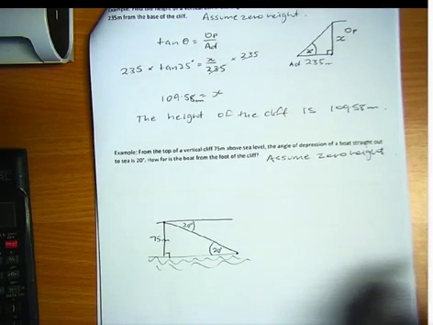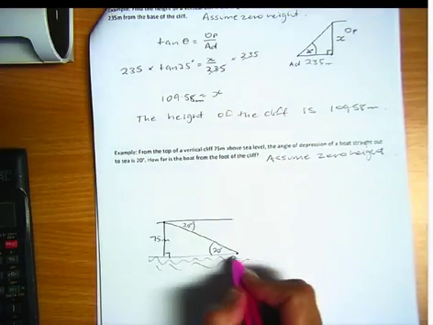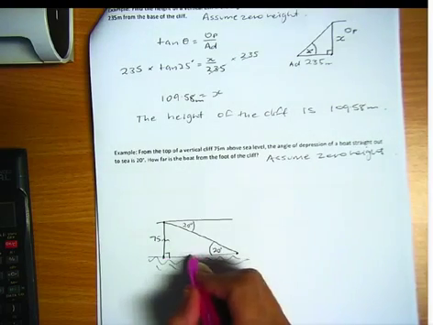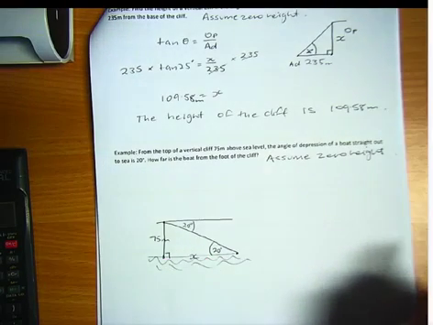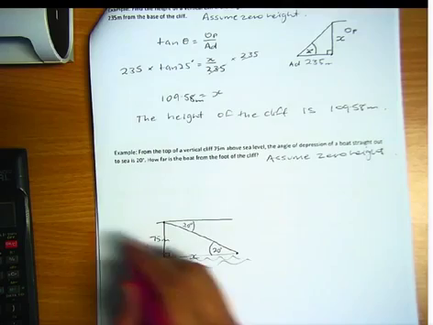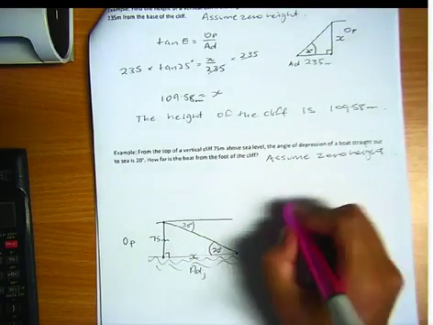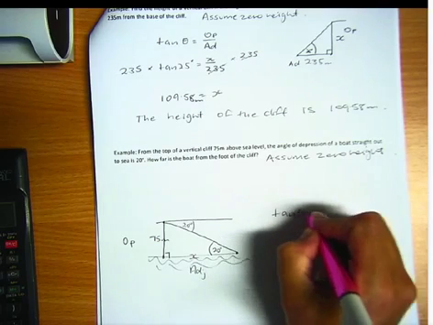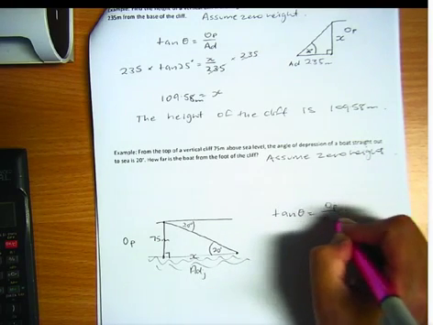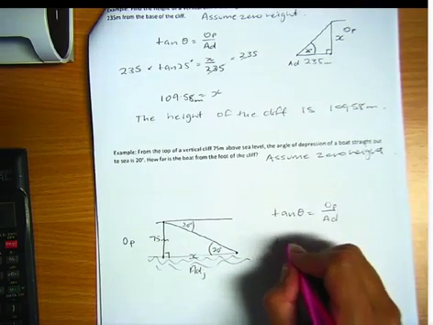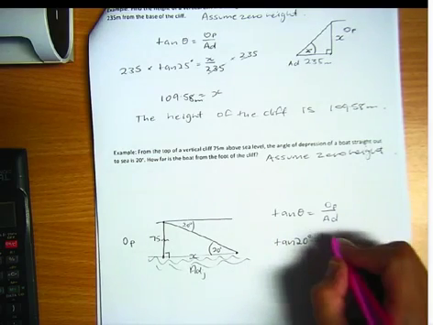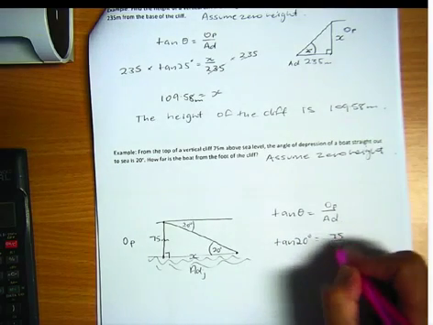Okay. What do I need to know? How far is the boat from the base of the cliff? So that's what I need to know. Okay. Now this one, that's the opposite side, and this is the adjacent, which is tan again. Always write your rule. Now this one's a little bit trickier because when I put my numbers in, I actually end up with the x on the bottom.